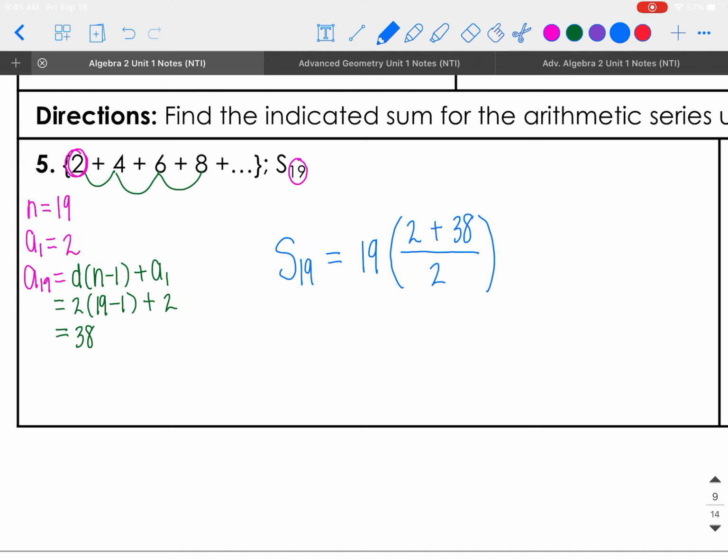And when you type that in your calculator, you get 380.